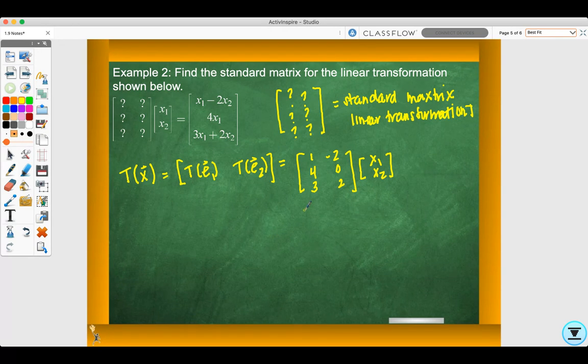So my standard matrix would be the matrix with columns (1, 4, 3) and (-2, 0, 2).